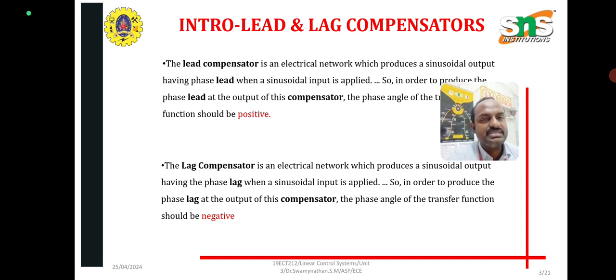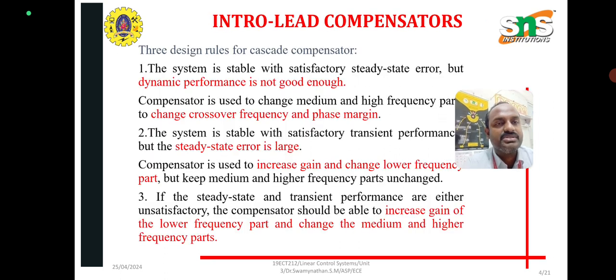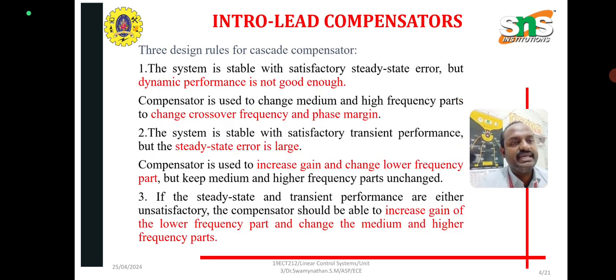Just to make the comparison, I have bolded the comparison between the lead compensator and the lag compensator. Maybe this will be considered for the lead lag compensator. First, the lead compensator: the three design rules for the cascade compensator. The first: the design is stable with satisfactory steady state error, but dynamic performance is not good enough. The compensator is used to change the medium and high frequency parts to change the crossover frequency and phase margin.